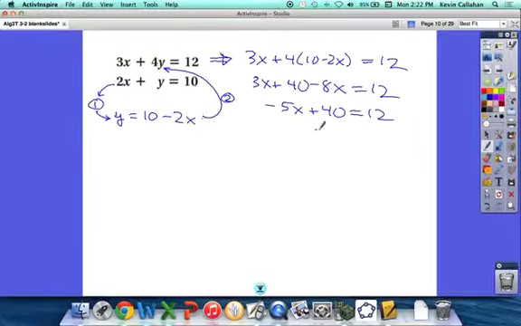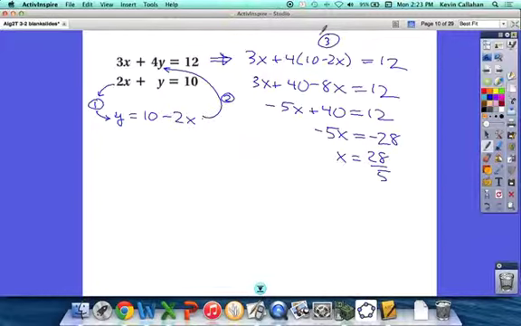Subtract 40. What is that going to be? Negative 28. Divide by negative 5. Okay, there's the x coordinate.